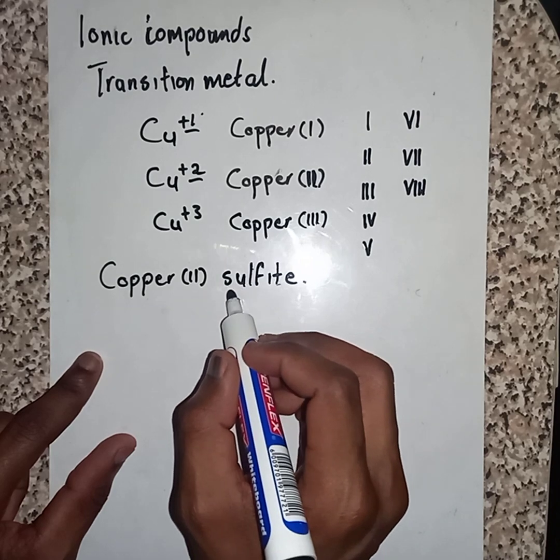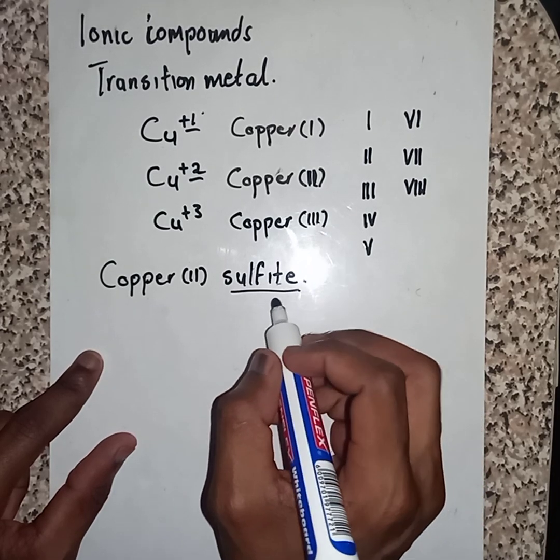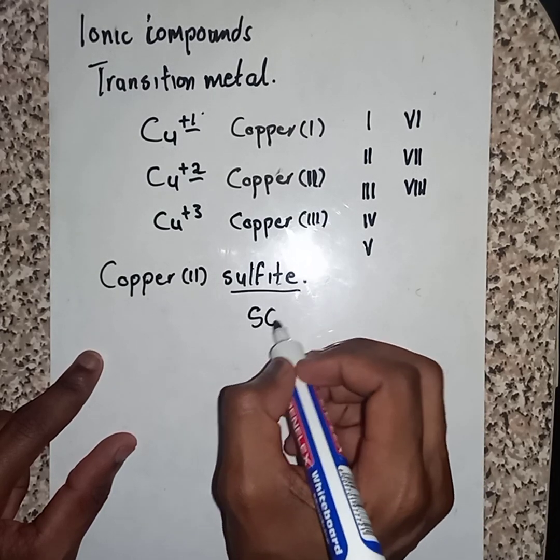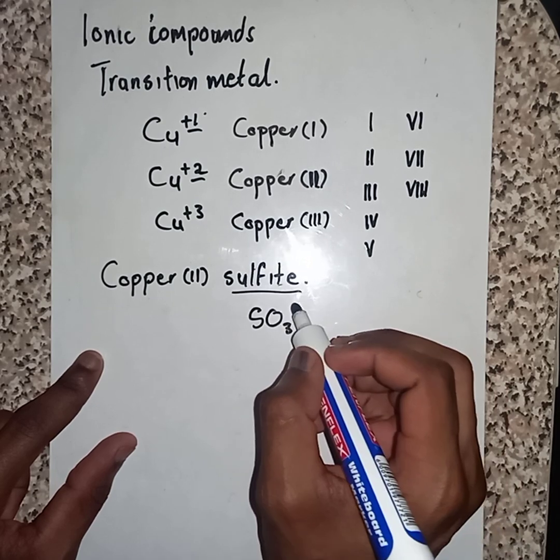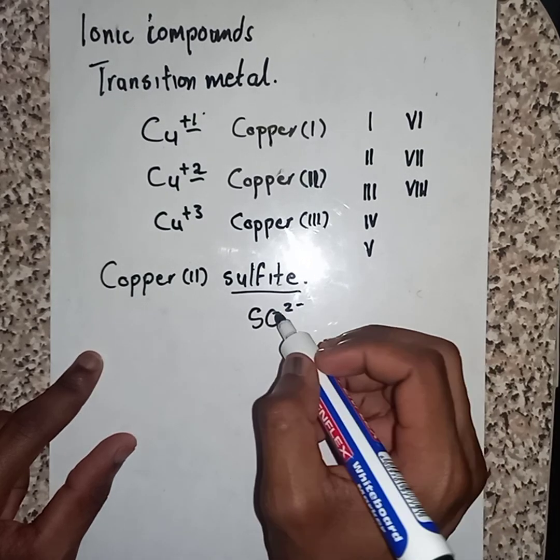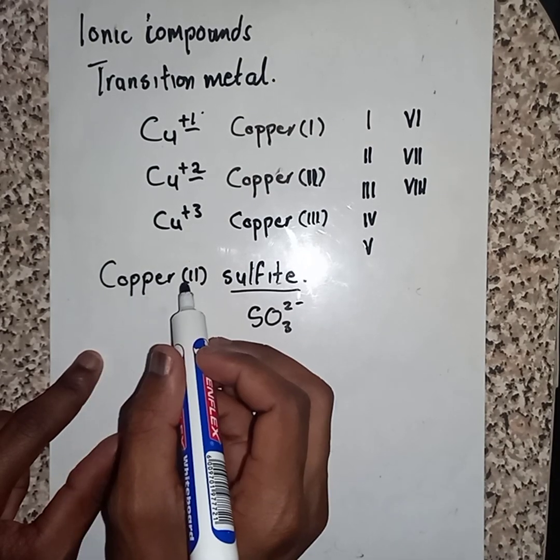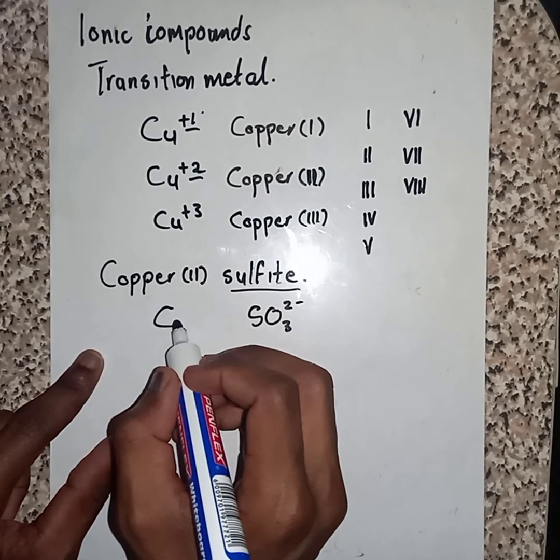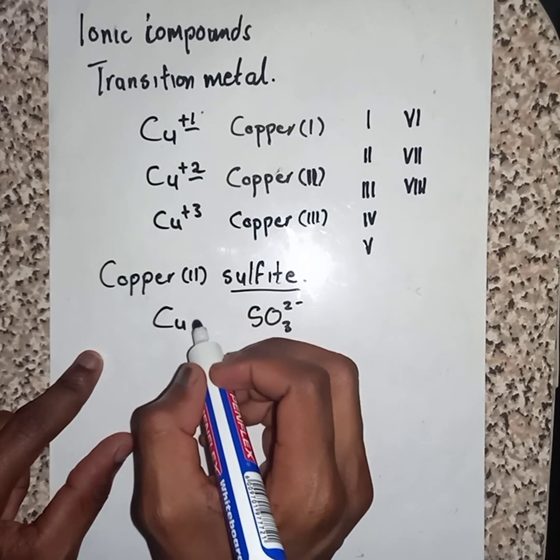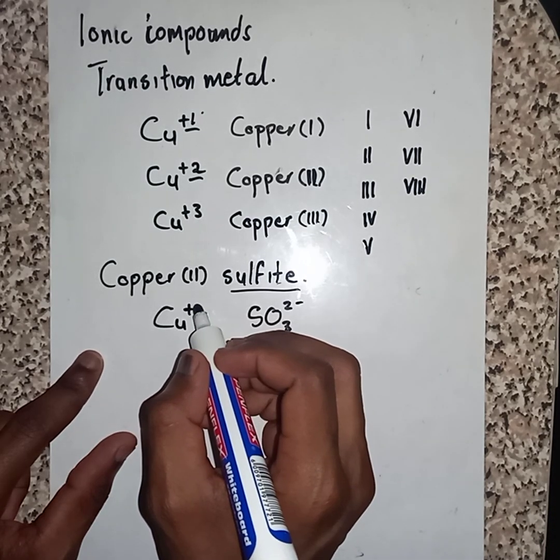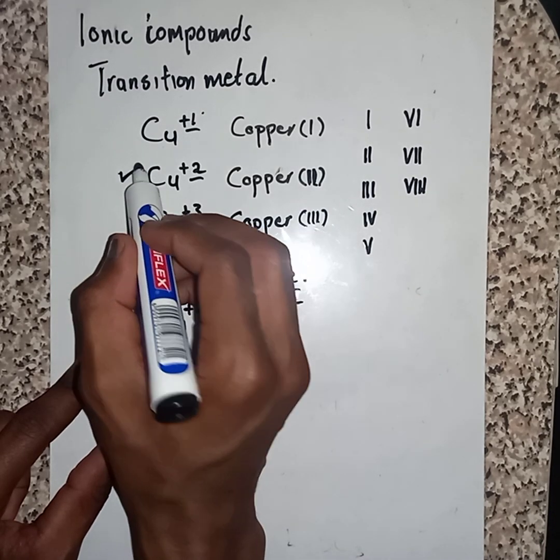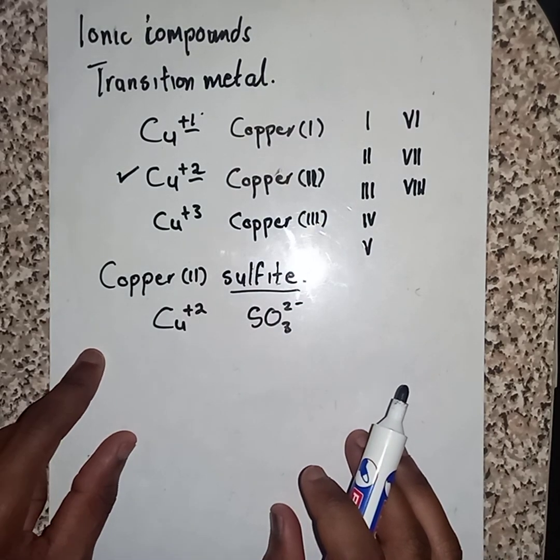Do you still remember that sulfate is a polyatomic ion of SO3 minus 2? Then for copper 2, you must write Cu with +2. You see, I've already written it there.